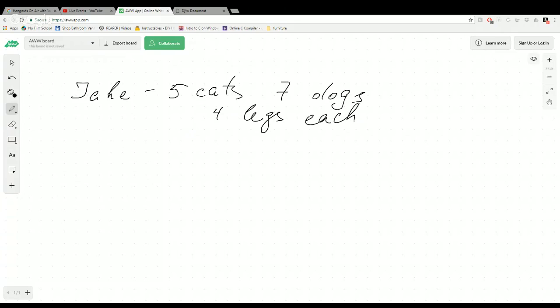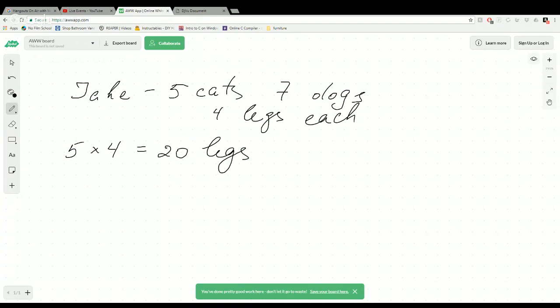Now, first question is, how many legs total do the cats have? I have 5 cats. Each one of them has 4 legs. That's 5 times 4, and so there are 20 legs that cats have.